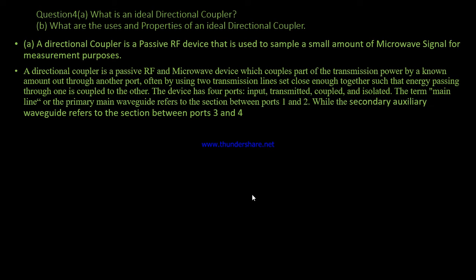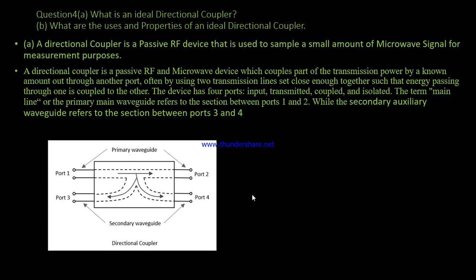We have the input port, the transmitted port, the coupled port, and the isolated port. The term main line or the primary main waveguide refers to the section between ports 1 and 2, while the secondary auxiliary waveguide refers to the section between ports 3 and 4.